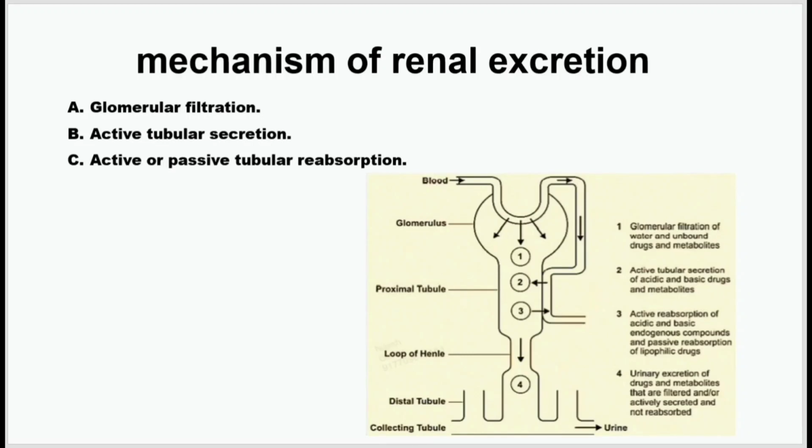Second, active tubular secretion of acidic and basic drugs and metabolites. Third, active reabsorption of acidic and basic endogenous compounds and passive reabsorption of lipophilic drugs occur in the proximal tubule. Fourth, the drug and metabolites that are filtered and/or actively secreted and not reabsorbed are excreted through the distal tubule.